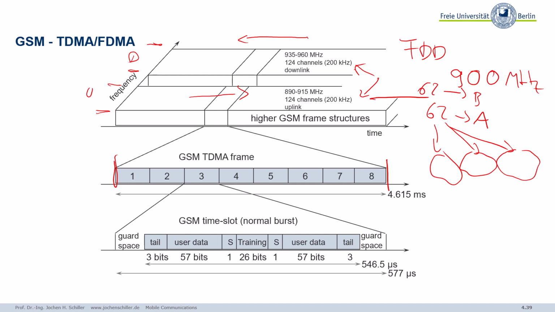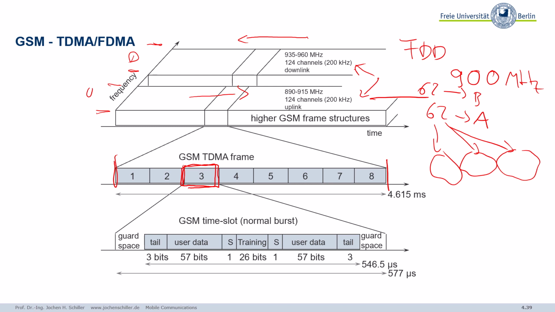Now, let's pick time slot number 3 in this example. Then we could say that a user gets this time slot. So in each of the TDMA frames, slot number 3 is for Mr. Miller and slot number 4 is for Miss Smith, whatever.